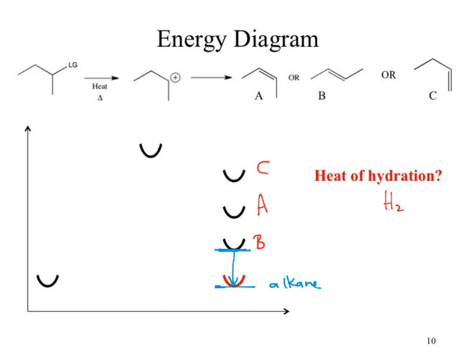What is the heat of hydration of B relative to C? Smaller, less heat of hydration. It is lower in energy. So you can see all sorts of questions come back to heat of hydration. Not a big fan of it. It shows up once or twice, so be aware of it. The energy diagram is the only way I've ever been able to answer a question on heat of hydration.